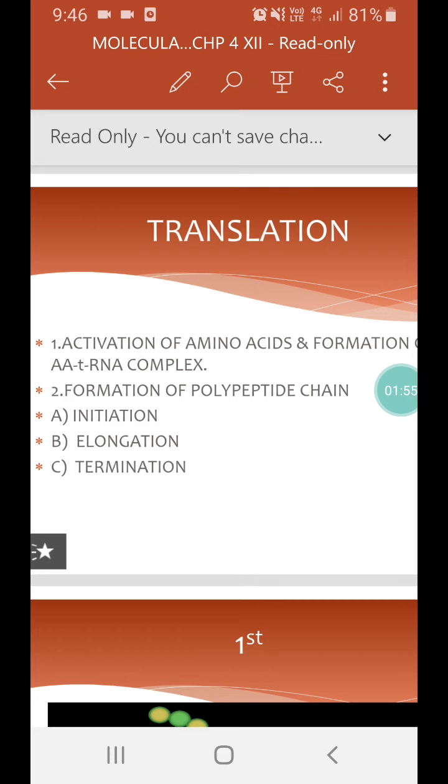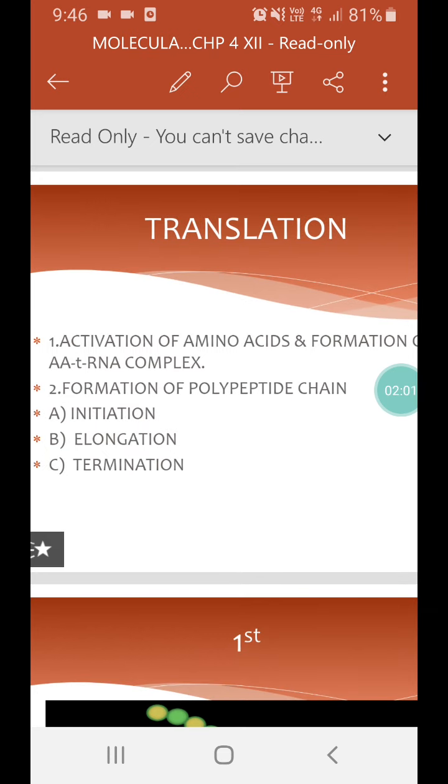Now the reaction needs ATP, and this process is also called charging of transfer RNA, or amino acylation of tRNA.